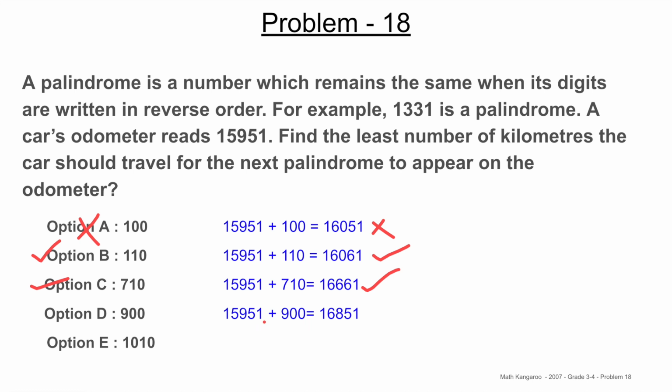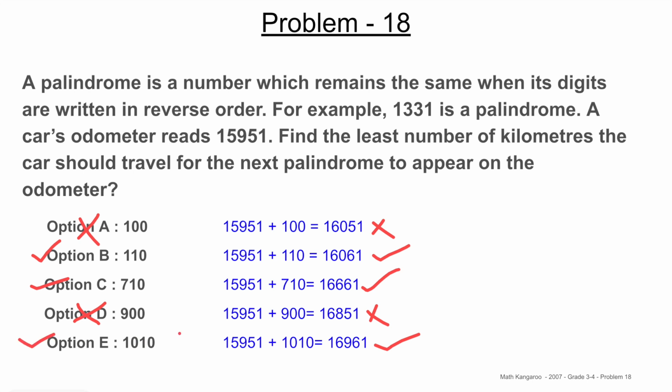We add 900 to our odometer reading 15951, we get 16851. This is not a palindrome number. So we eliminate option D. Option E, 1010. We write 15951 plus 1010. We get 16961. Yes, this is also a palindrome number.